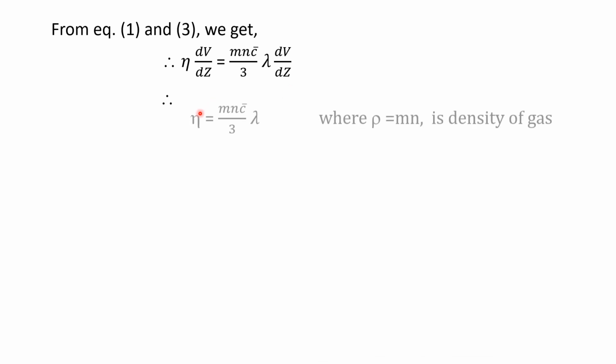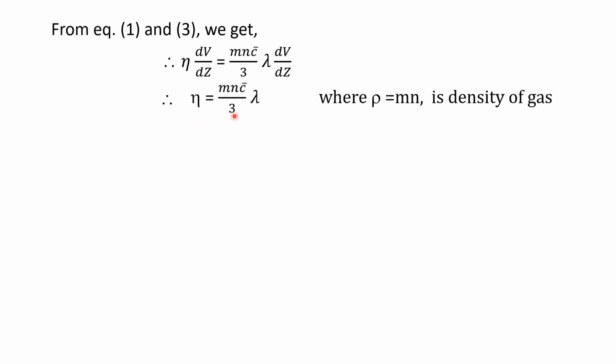Hence, we equate equations 1 and 3 and write eta dv by dz is equal to mn c bar by 3 into lambda dv by dz. Cancel dv by dz on both sides and rewrite the equation: eta is equal to mn c bar by 3 into lambda.